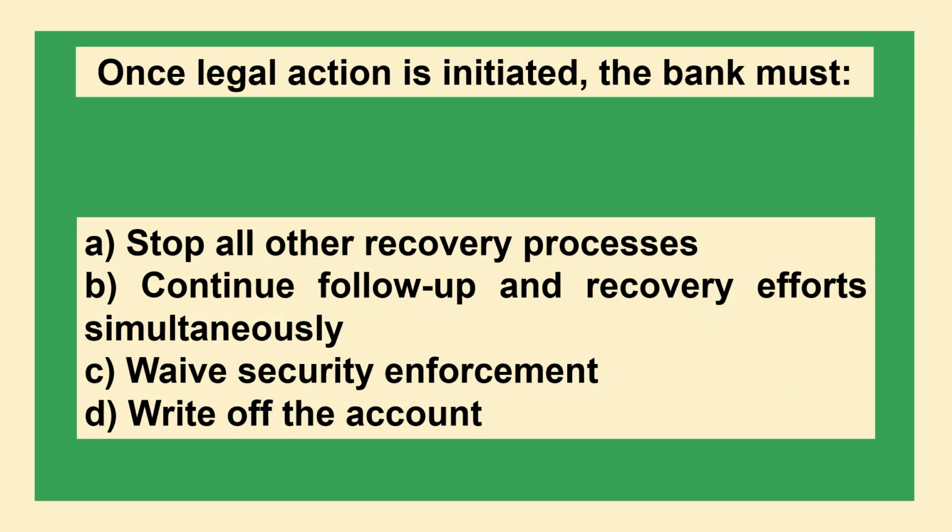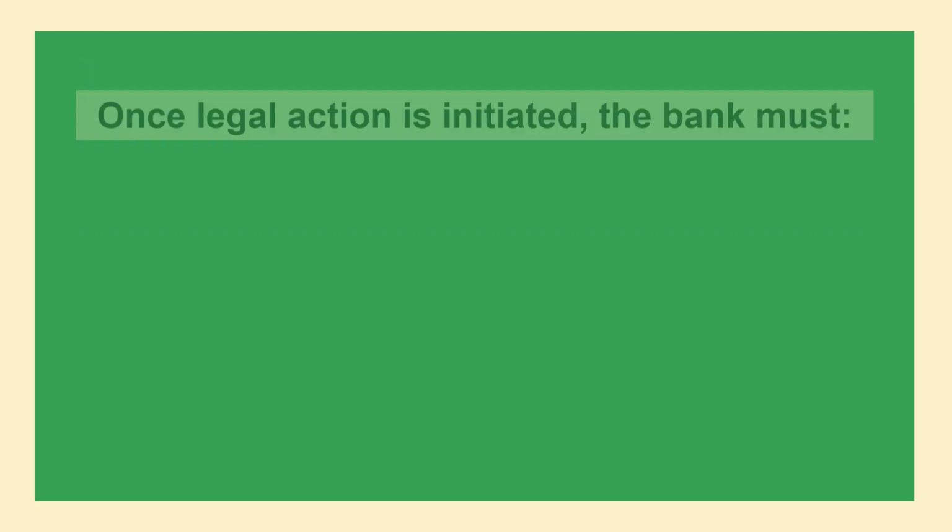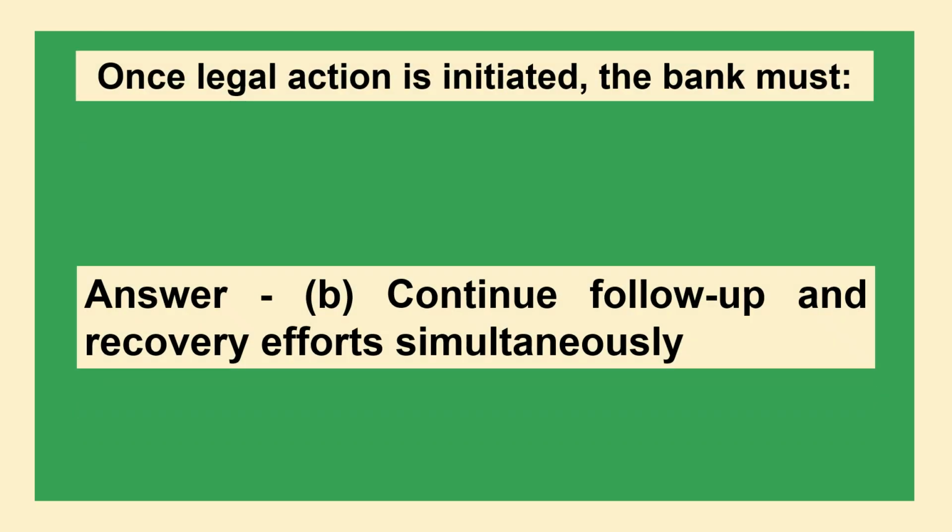Once legal action is initiated, the bank must option A, stop all other recovery processes, option B, continue follow up and recovery efforts simultaneously, option C, waive security enforcement, option D, write off the account. The answer is option B, continue follow up and recovery efforts simultaneously.